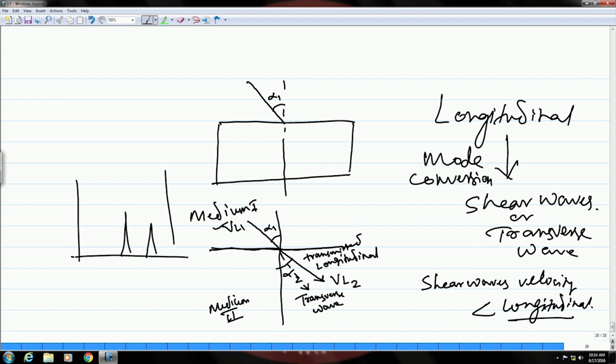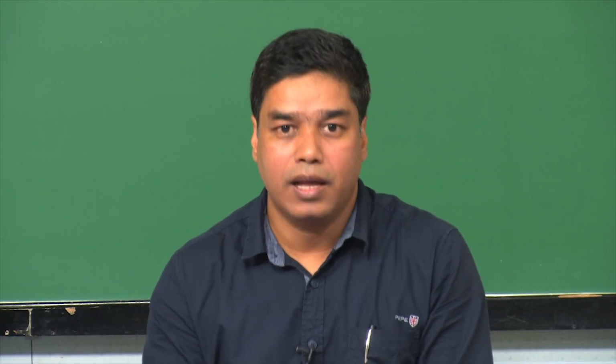Okay. So, this will confuse the examiner. Okay. So, this will create a confusion, and that is why it is always better to have only one kind of wave going into the sample and coming back to the probe.